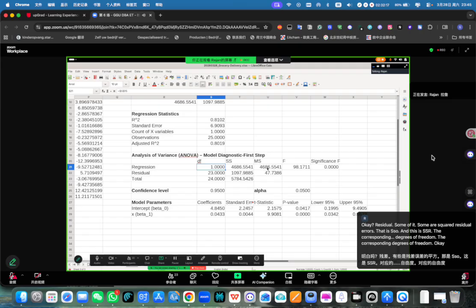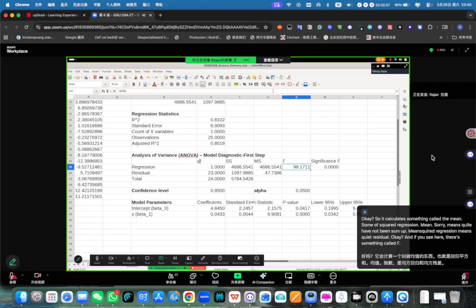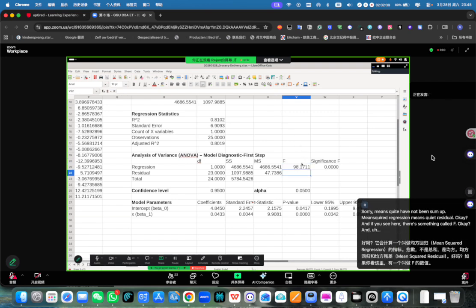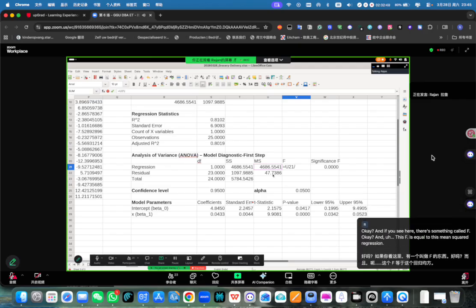It also calculates the mean squared regression and the mean squared residual. And there's something called F. This F is equal to the mean squared regression over the mean squared residual.